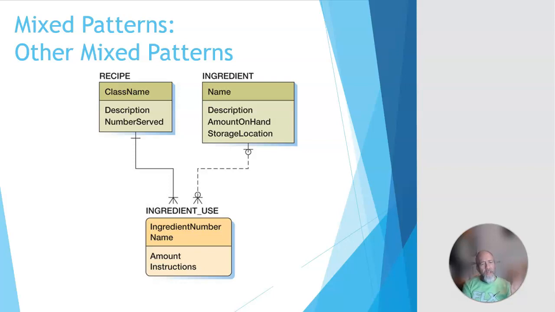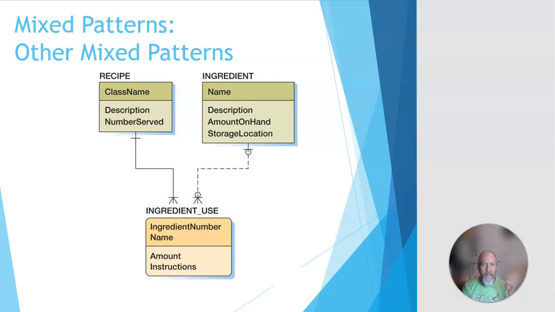And the assumption in this case is that the ingredient use is particular to that specific recipe. So the recipe always has a specific ingredient, and the name of that may be all that you actually need here to do the recipe itself.